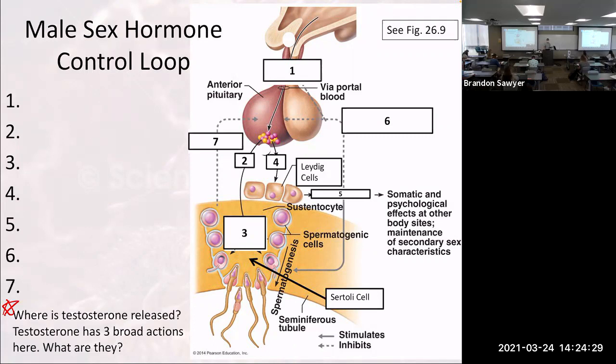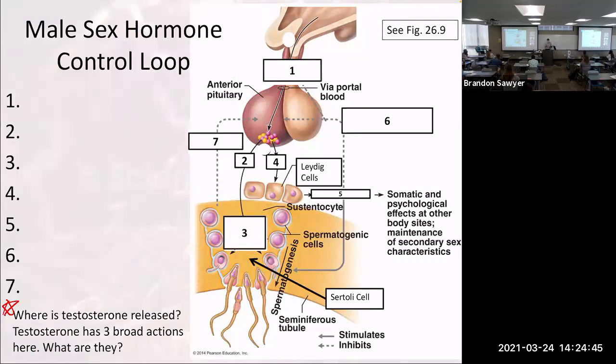Having some good conversations, some of those teams. We'll let them have their whole time. All right, now they're coming. So send that in if you haven't yet. You're going to put a number in here for where testosterone is released.